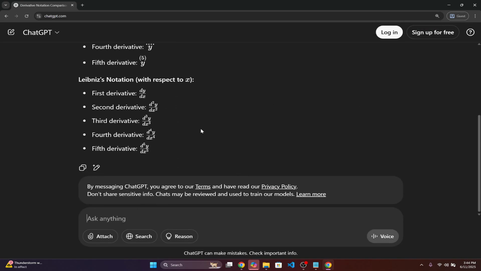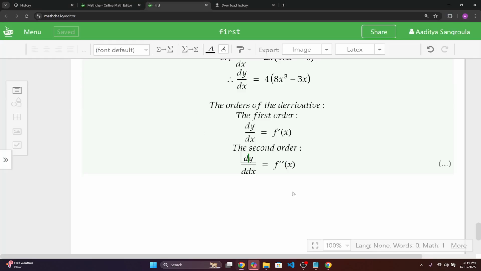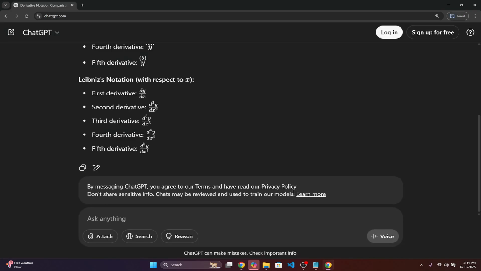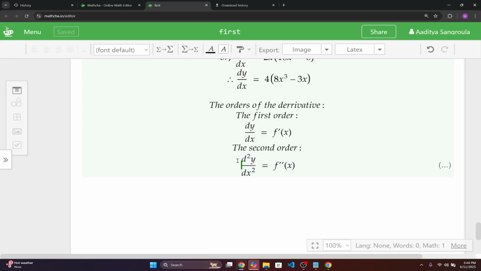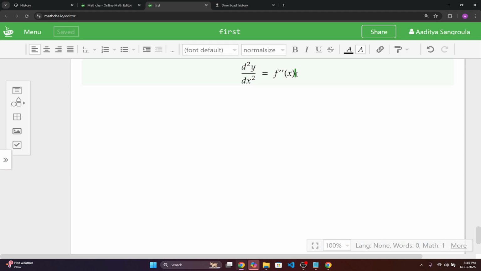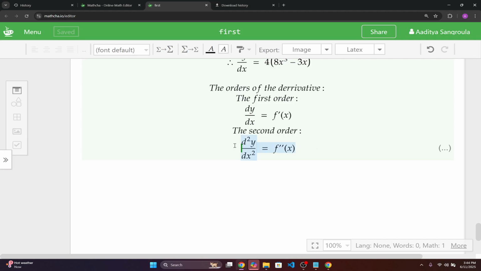So yeah. Okay, so it's d squared over dx squared, sorry. Okay, so d squared over dx squared, third derivative is d cubed over dx cubed. So that's how we do it.